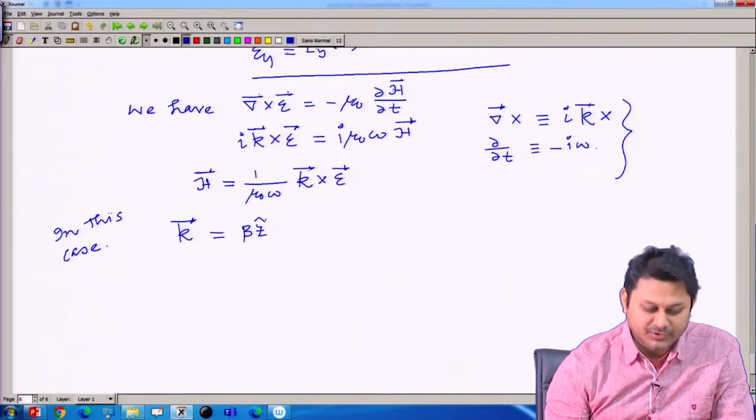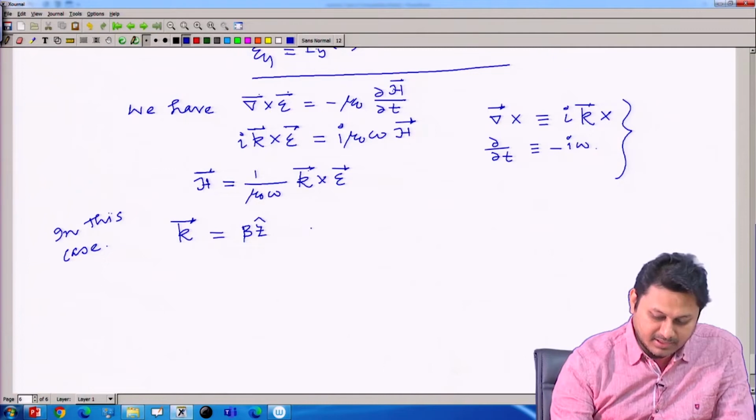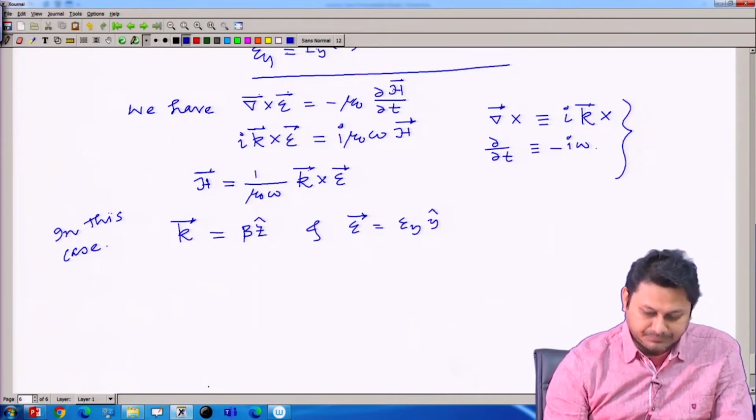So, the form of the k should be something like this, and also the electric field is for TE mode, we know is this one.